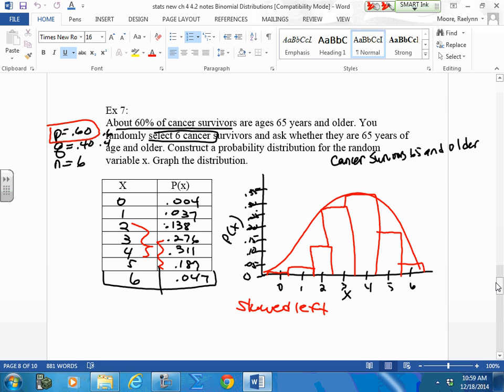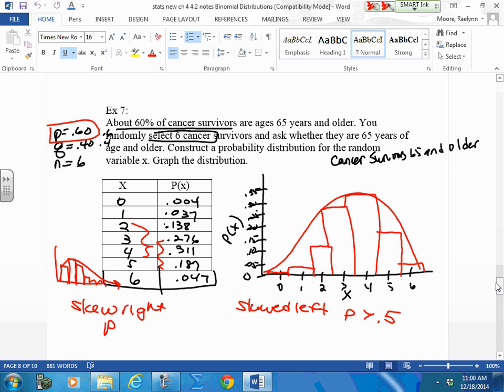So now, if my skew is to the left, it means I have more that say yes than say no, right? That's because my probability is greater than 0.5. If my skew is to the right, and put this in your notes, and I notice my graph goes like this, higher, lower, then your probability must have been smaller, right?